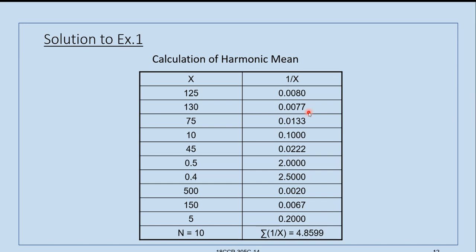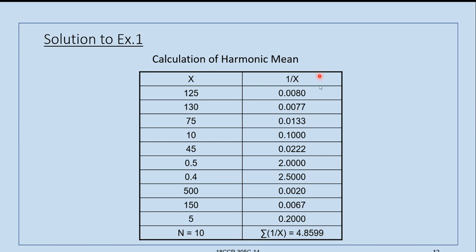We will do it with the help of a calculator. So you try it with the calculator, you will get approximately these values. We are taking only 4 decimal values. That means after these, if you have anything, we will ignore them, rounding off.